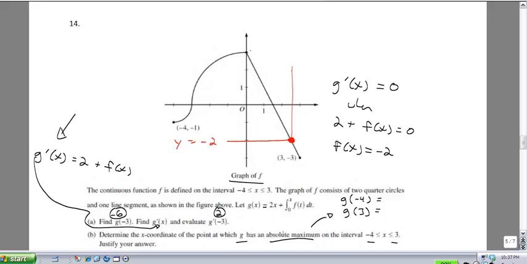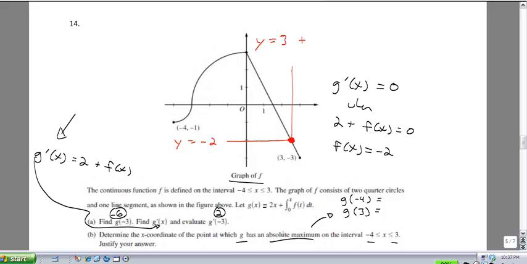Well, the equation of that line: y equals the y-intercept of 3 plus the slope. Let me try that again.